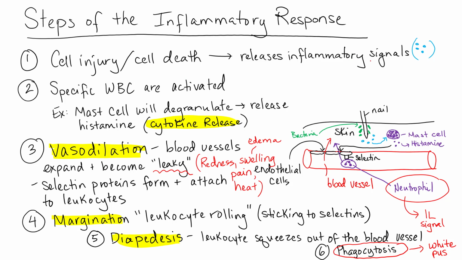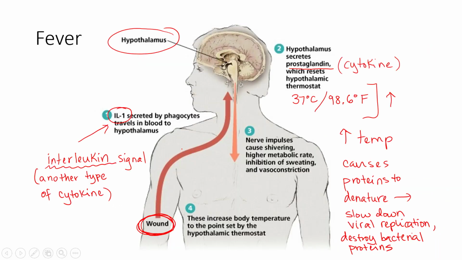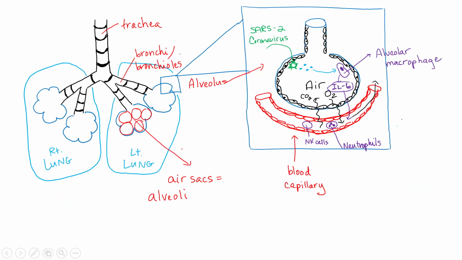The cells send out this inflammatory signal, activating the alveolar macrophages, and we get more cytokine release. Then what happens? Vasodilation. This blood capillary is going to become leaky, and fluid is going to start leaking out.